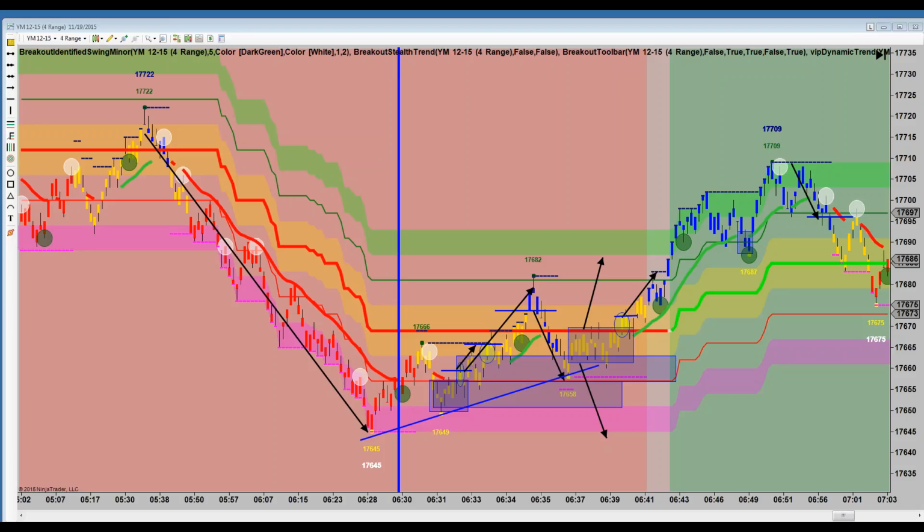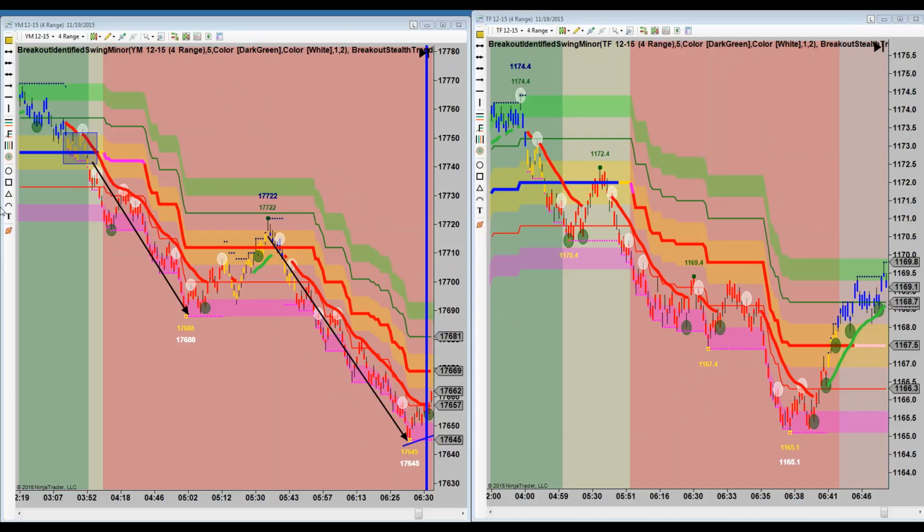Let me try to get them lined up as best that I can. It's going to be a little bit off. They're going to look a little bit different. Ready? There we go. This isn't completely accurate.